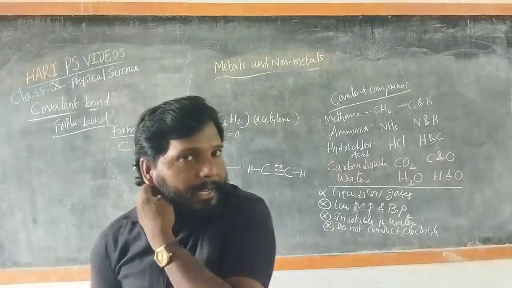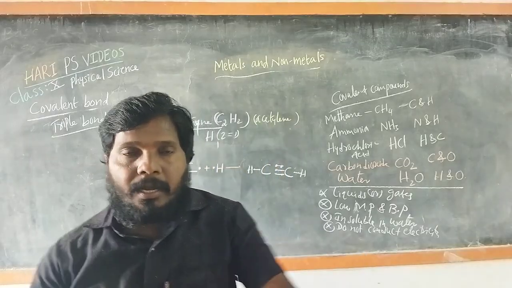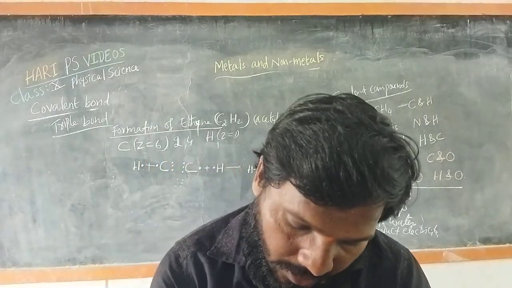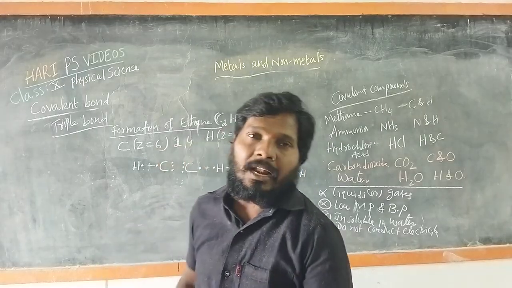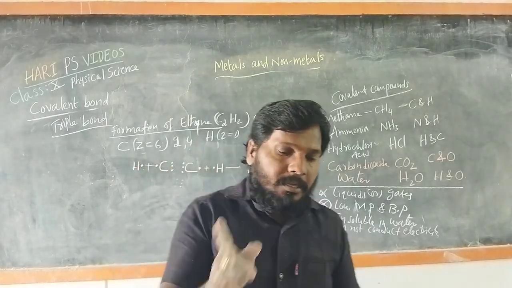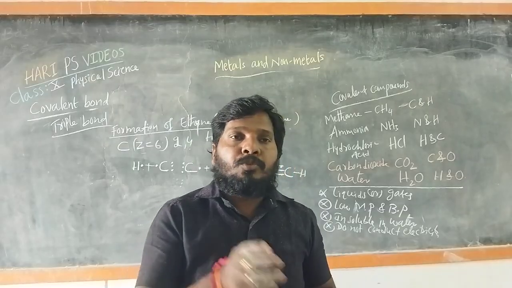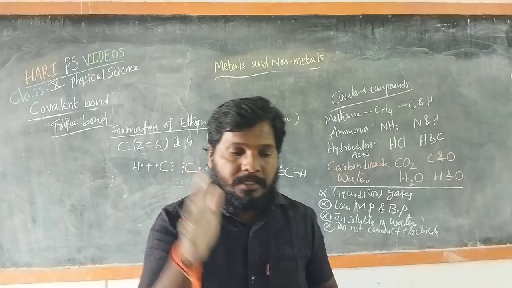Now distinguish between ionic compounds and covalent compounds. Ionic compounds are crystalline solids. Covalent compounds are usually liquids or gases; only some are solids.